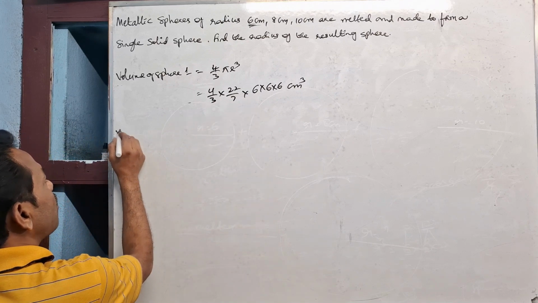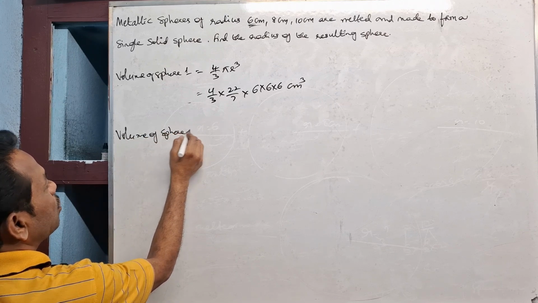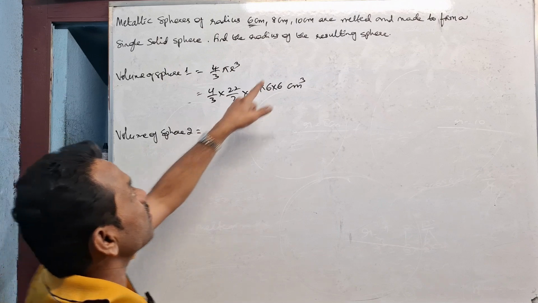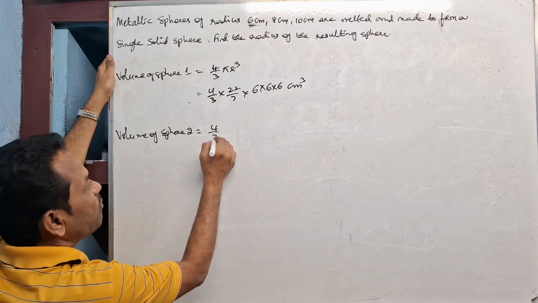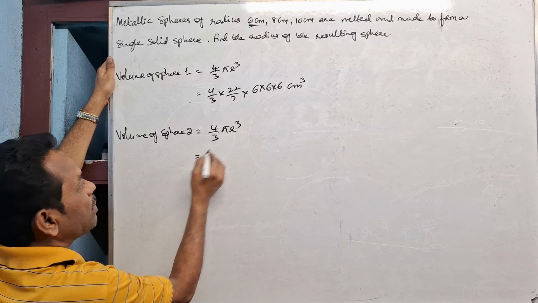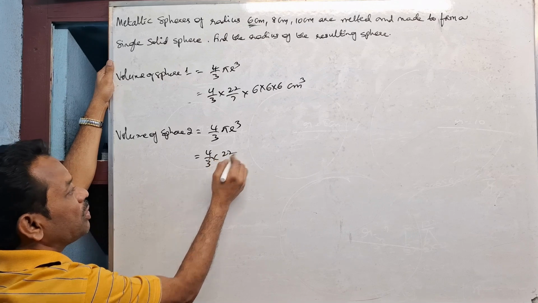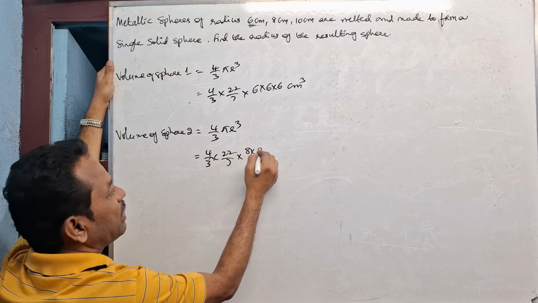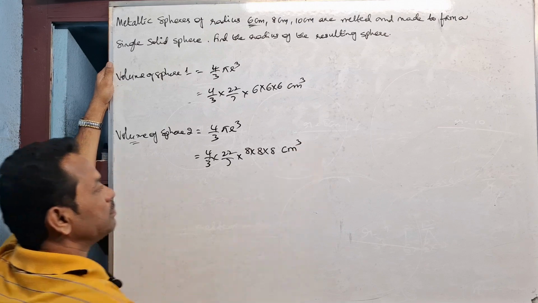Now let us go for the volume of the second sphere. The radius of the second sphere is 8 centimeters. Using the formula 4 by 3 pi r cube, in the place of r we take 8. So 4 by 3 into 22 by 7 into 8 into 8 into 8 centimeter cube.